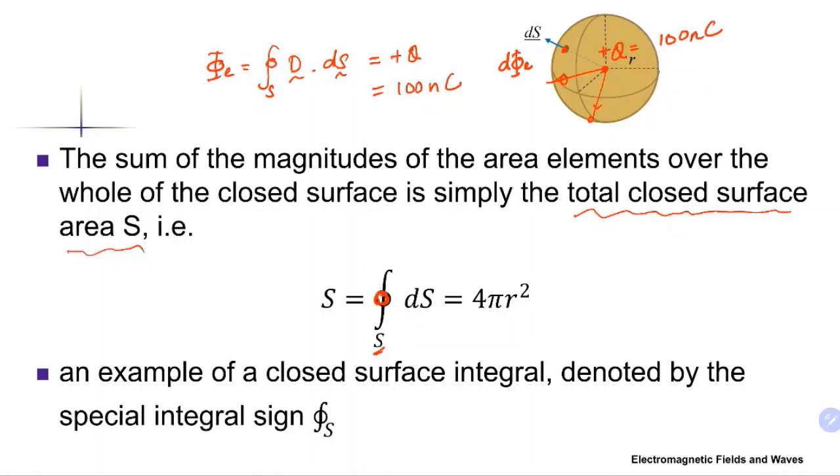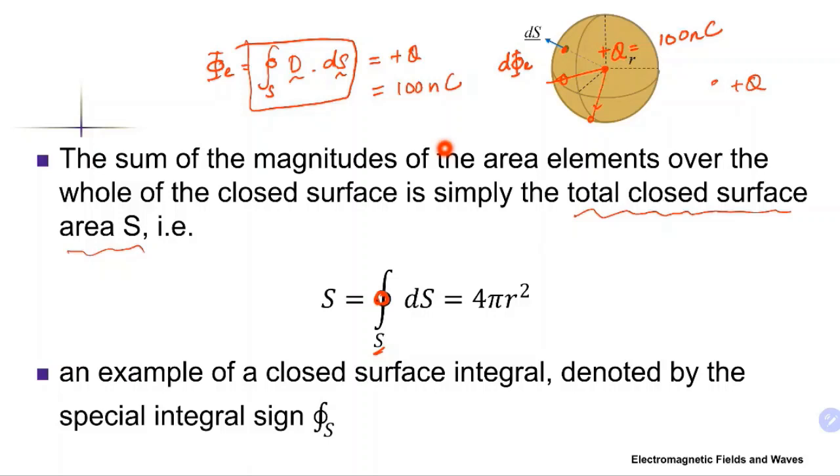Okay, so if that charge is outside here, then this charge is not enclosed in that sphere. We said that the charge has to be enclosed inside that closed surface.